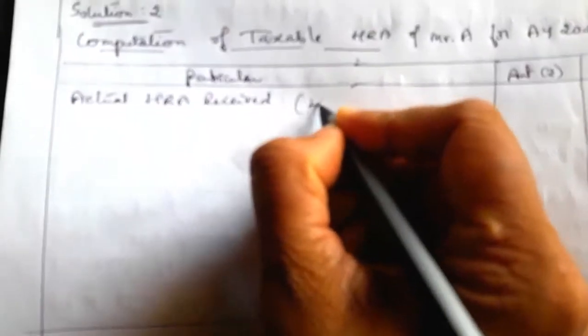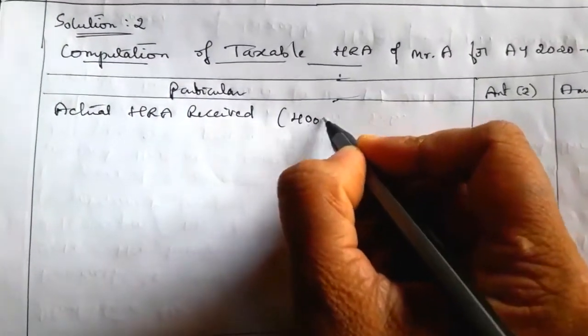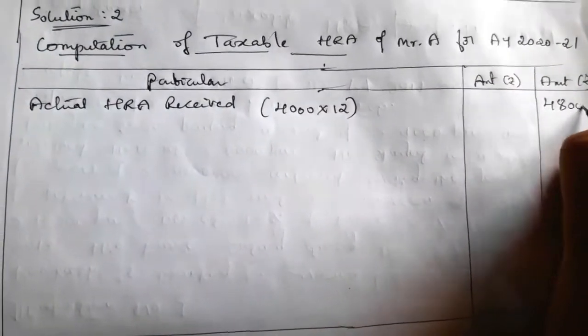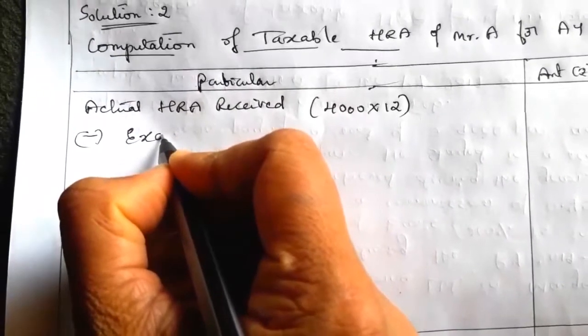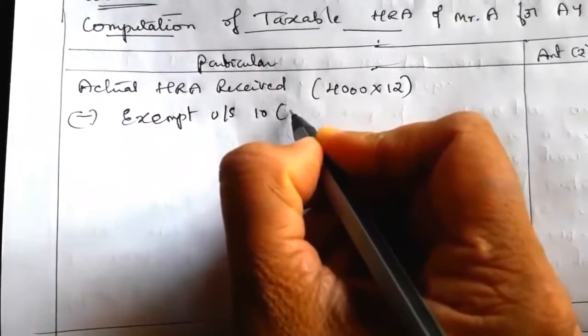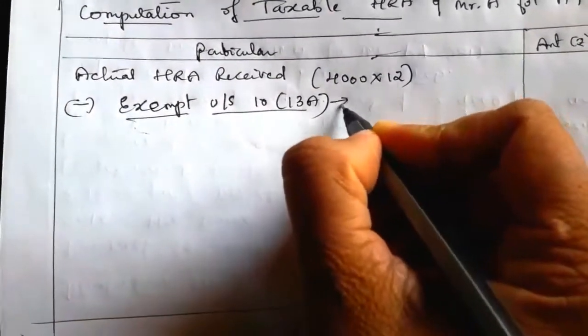So 4,000 into 12, that is nothing but 48,000. Next, he can claim exemption because he is living in a rented house. So that is under section 10 subsection 13A. Under that we have to take the least of the following.